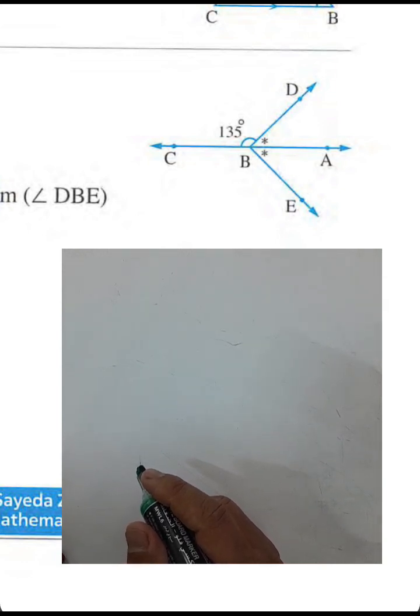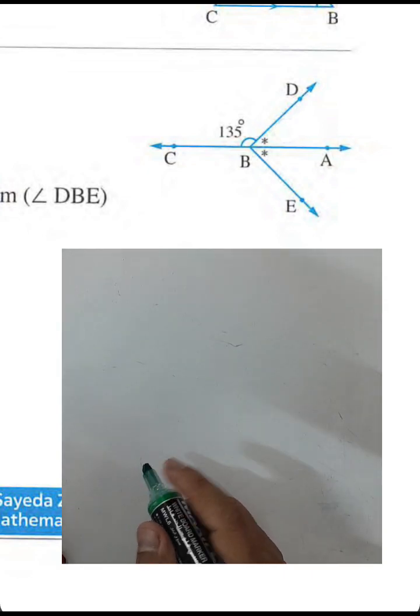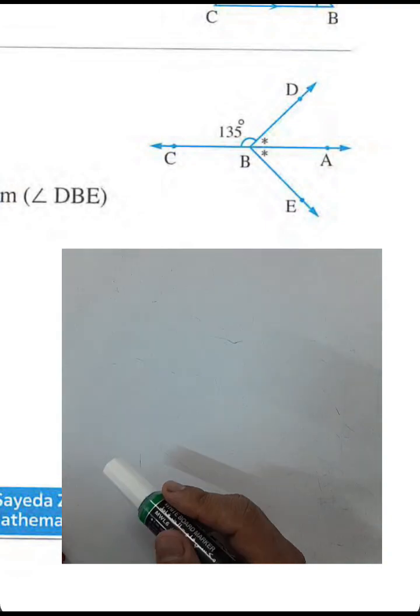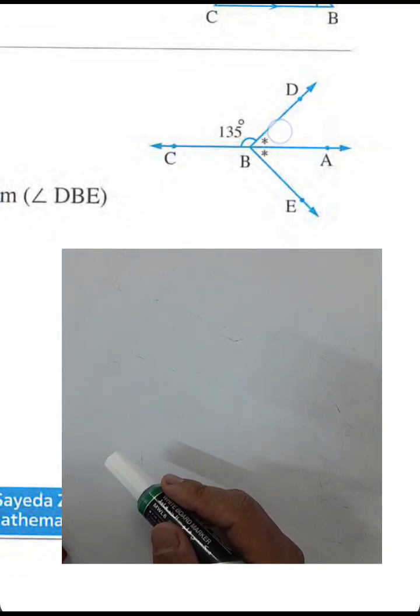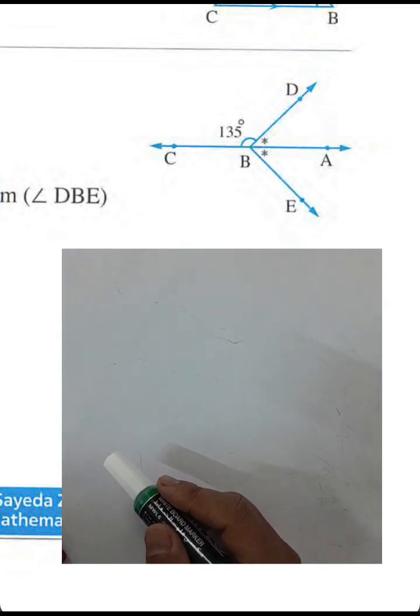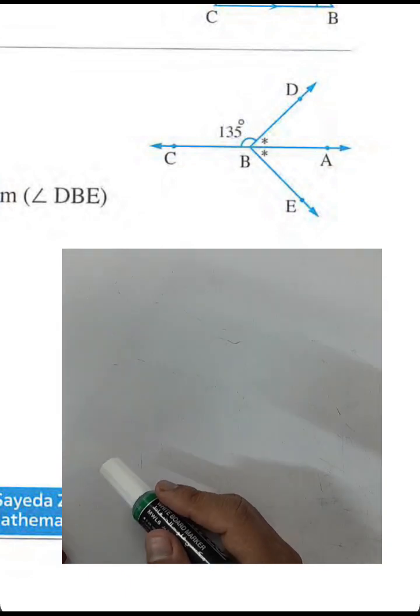We can find the measure of this angle by subtracting 135 from 180, because B belongs to a straight line AC, so the measure of angle ABD plus the measure of angle DBC will be 180.